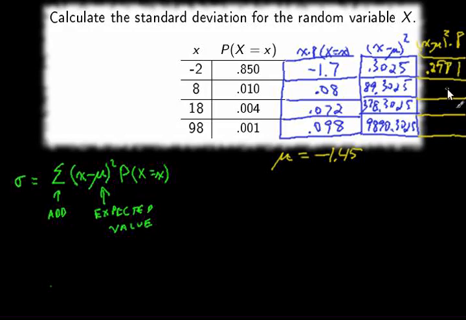Next, we have 0.01 times 89.3025. Multiplying by 0.01 just moves the decimal point a couple places.